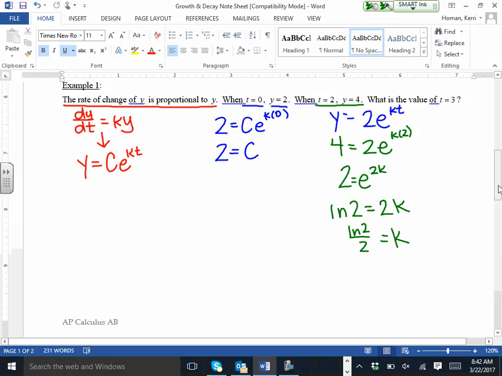Now, if you're going to go ahead and approximate this as a decimal, you better round to twice as many decimal places as your final answer, okay? So if you're going to give me a final answer with 3 decimal places, then this should be at least to 6 decimal places, okay? My suggestion would be to just save it in your calculator.